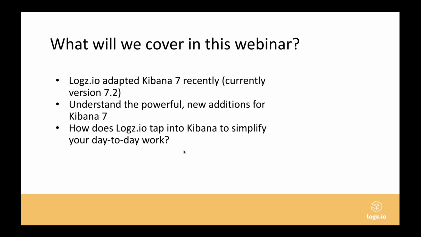Some of the features we will discuss got a new designed UI, and also we wanted to show how the Logz.io add-on features blend into the new Kibana interface and let you know how they improve the overall experience you can get from your log management system.